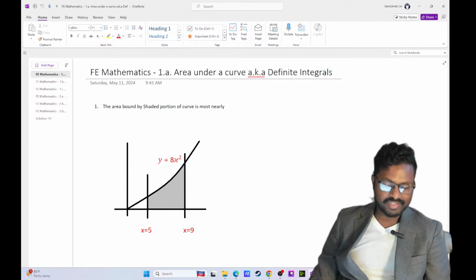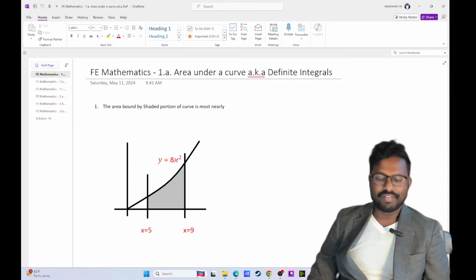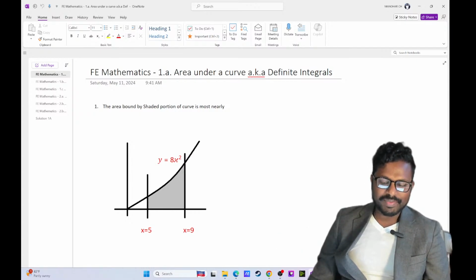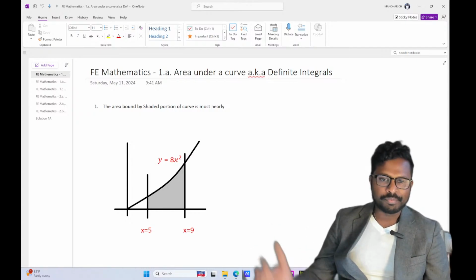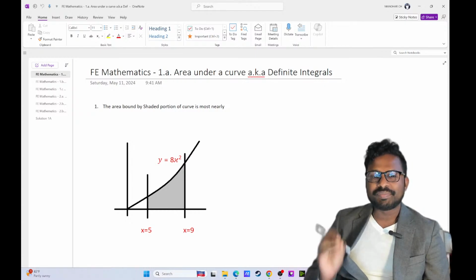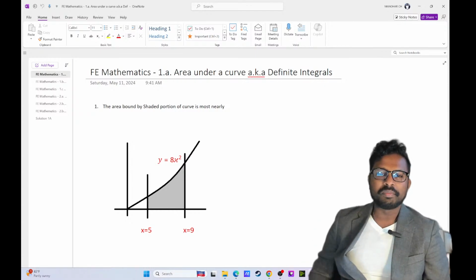You won't believe how excited I am to get started. Alrighty. Today we are starting with FE mathematics, the area under curve problem, which is one of the simplest and most important problems in the FE mathematics chapter.